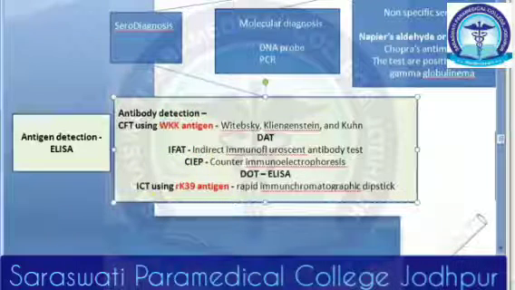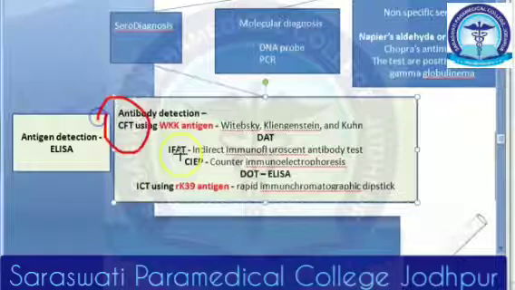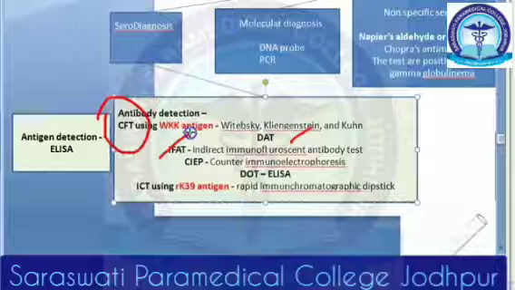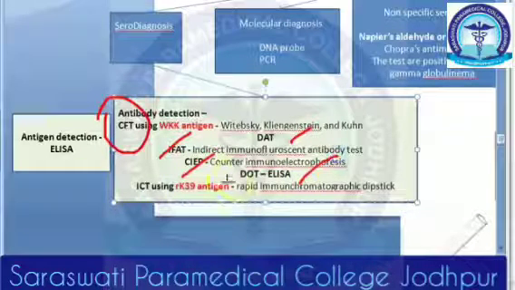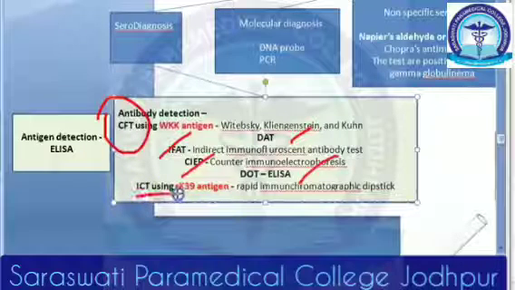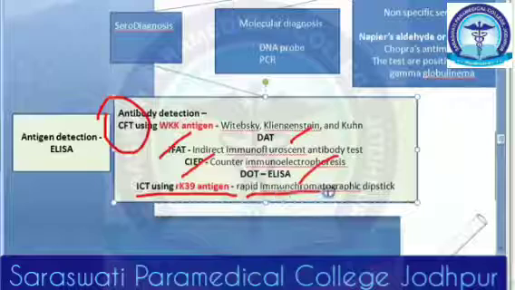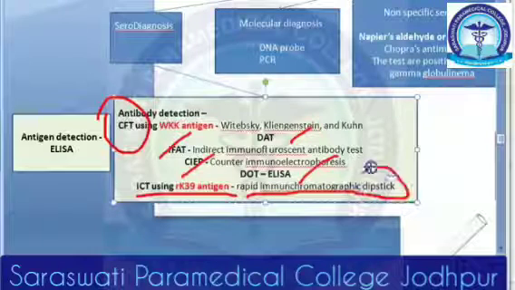Now, what are the tests that you will use? You will use complement fixation test, indirect immunofluorescent antibody test, counter immunoelectrophoresis, dot ELISA, not just ELISA, and ICT using RK39 antigen, that is the rapid immunochromatographic dipstick.